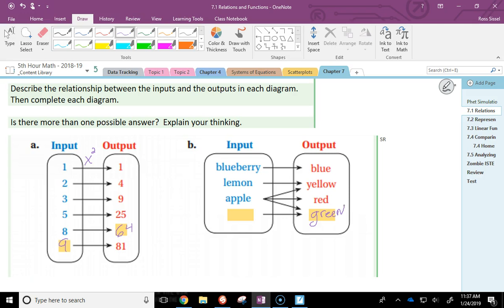They're all types of fruit. Colors of the fruit. Okay? So if I put in blueberry, it's blue. If I put in a lemon, it's yellow. If I put in an apple, apples are yellow, they are red, they are green. So more than one answer can come out. But then I see there's a blank and green came out.